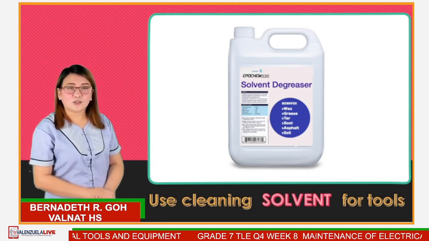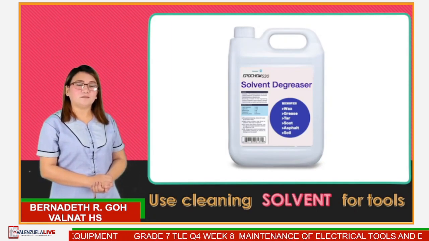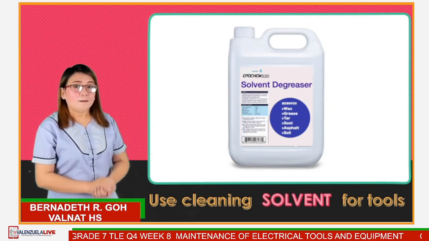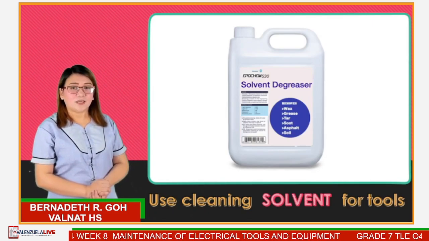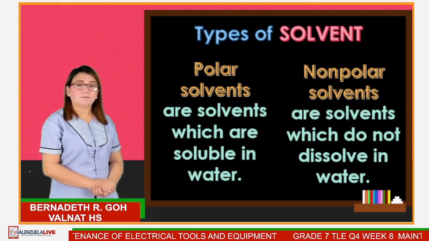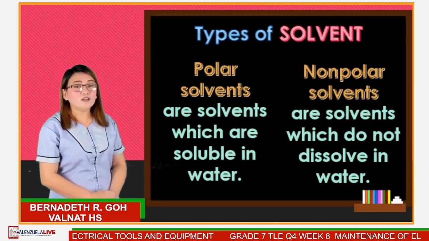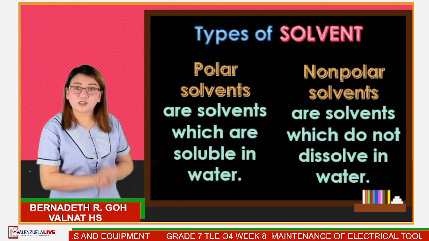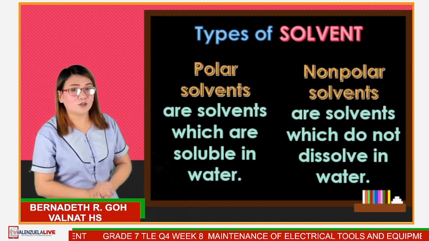Solvent-based cleaners can be fast evaporating or slow evaporating, high in odor or low in odor, plastic-safe, or very aggressive. It can be classified as polar and non-polar. Polar solvents are solvents which are soluble in water, while non-polar solvents do not dissolve in water.